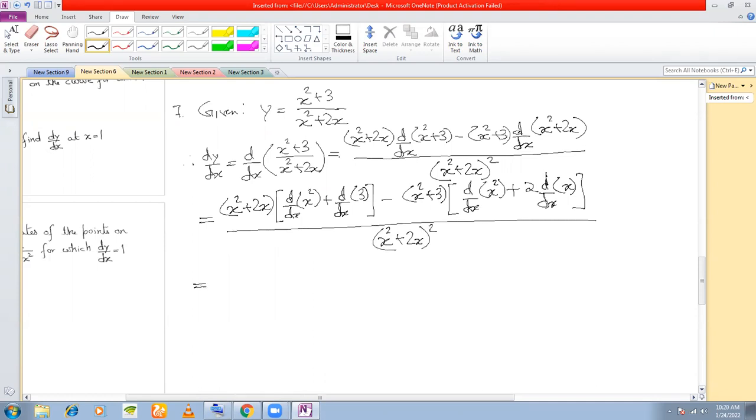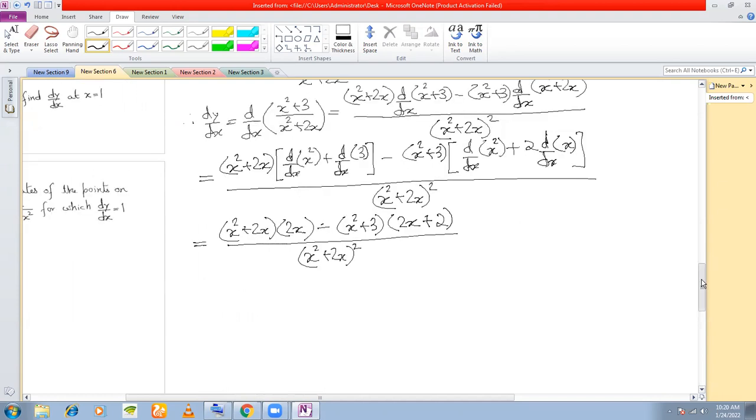Now simplify this. You get x square plus 2x. ddx x square is 2x, and ddx of 3 is 0. So let's write simply as 2x minus, you have x square plus 3, and ddx x square is 2x plus 2 ddx x is 1. So you simply have a 2 here divided by x square plus 2x whole square.